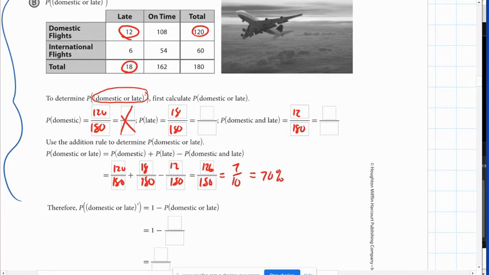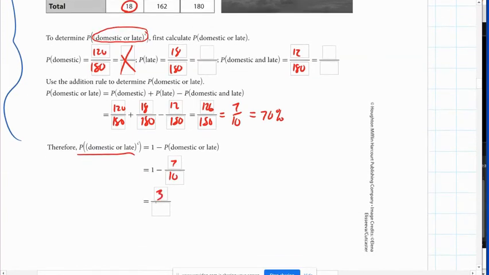And remember, we originally wanted the complement of that. The probability of domestic or late plus the complement of domestic or late would have to be 100%. So the probability of the complement is 1 minus 7/10, which is 3/10 or 30%.